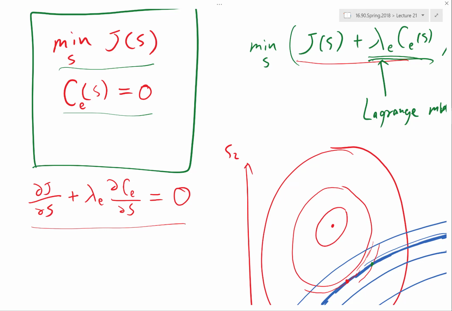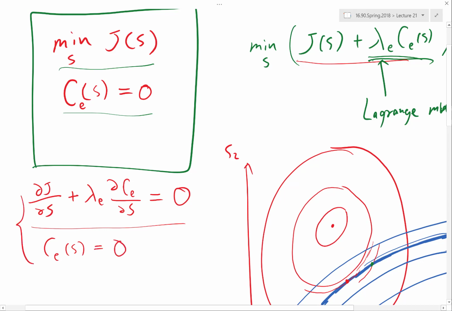Because we have n unknowns being all the components of S plus the lambda E that we don't know. But here, the derivatives are with respect to all these n components, so we only have n equations. Where's the remaining equation? Lambda E has to be the magnitude of the gradient of J divided by the magnitude of the gradient of C. But that's already implicit in that equation. CE equal to 0, exactly.